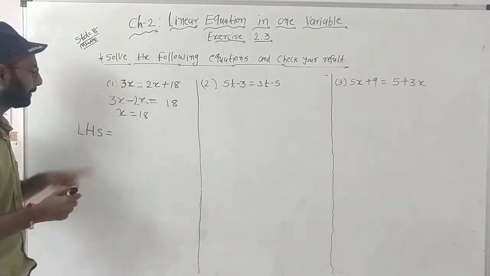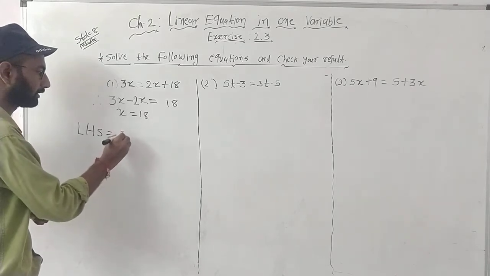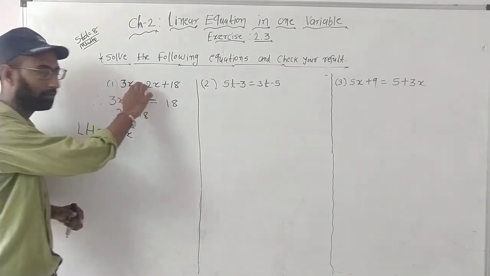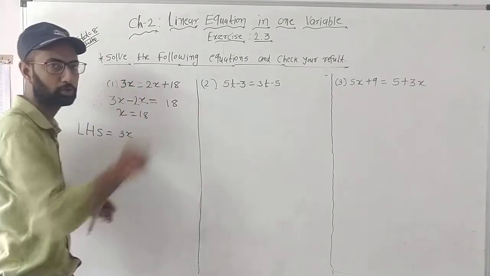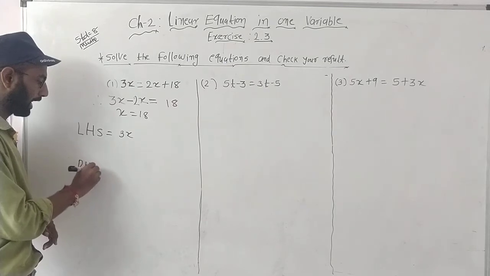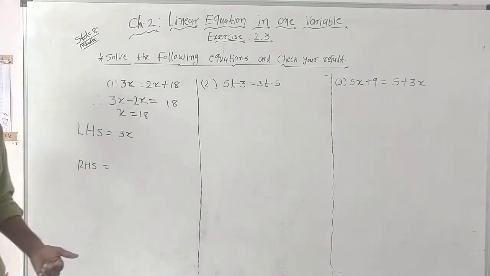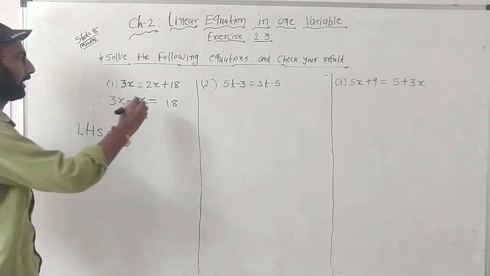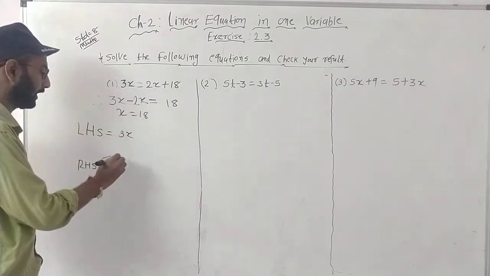Left hand side is 3x, and what is our right hand side? इक्वलिटी की साइन के राइट साइड में जो भी है वो हमारा RHS बनेगा. RHS means right hand side. So what is RHS? 2x plus 18.